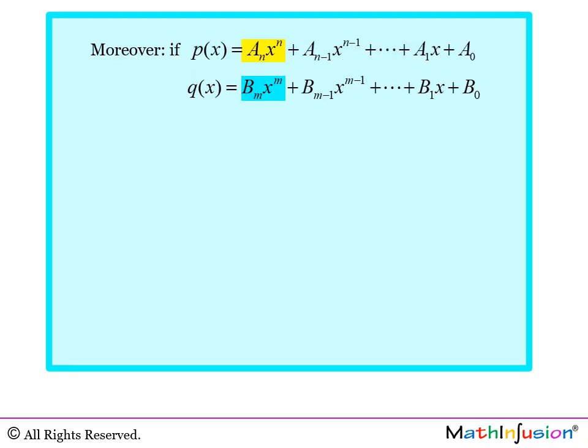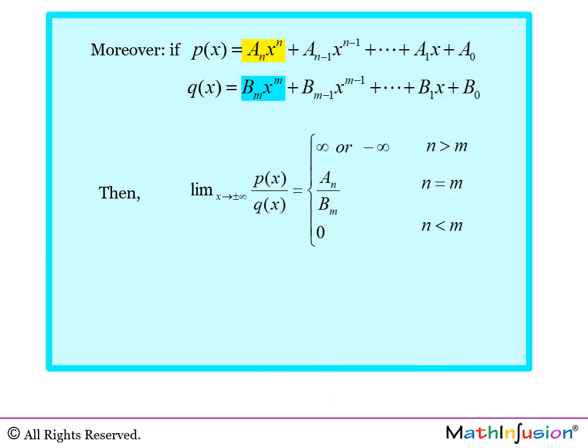Moreover, let's say that p(x) and q(x) can be written as here. This is descending order, when the highest exponent is written first. Then we can be much more exact. Then the limit of the rational function p over q when x approaches plus minus infinity is going to be the following. If n, which means the degree of p, is more than the degree of q, which is m, then we will get plus or minus infinity.